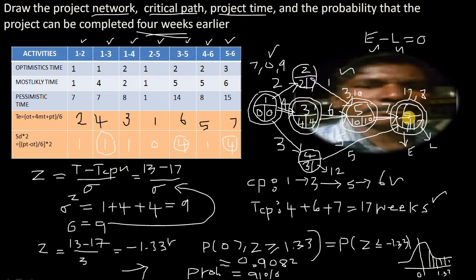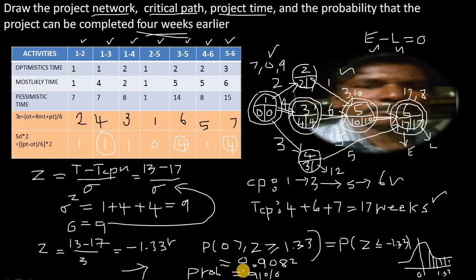Such events we take, and we make a path through them, which is called the critical path. Then we add the times taken by the activities through the critical path, which is called the time taken through the critical path, or the project time.